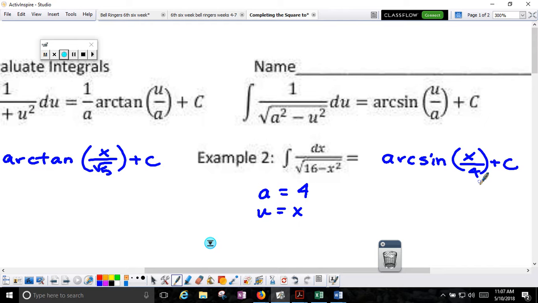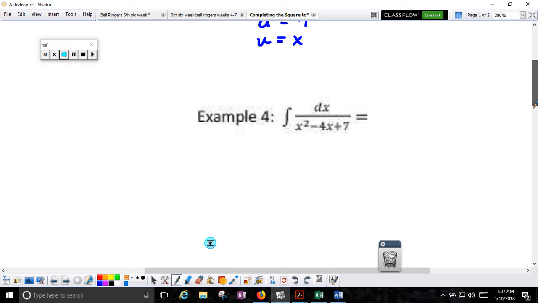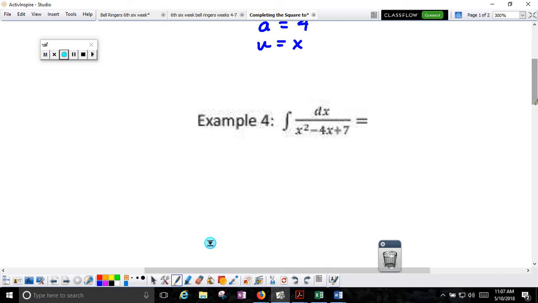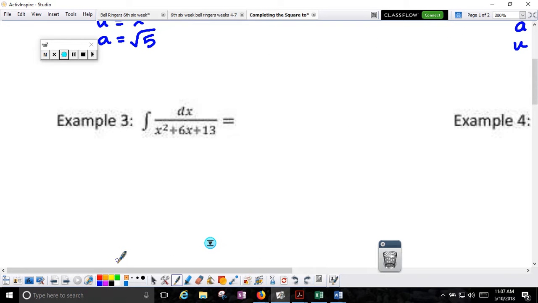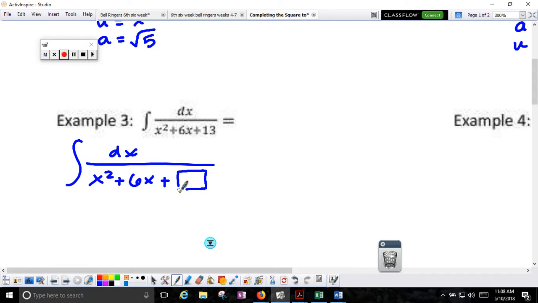Okay, let's go ahead and take a look at the next couple. So on these, we're going to actually have to complete the square in the denominator to get them to look like the formulas. So what I want to do first is, just like we did when you first completed the square in Algebra 2, I'm going to separate the constants and the variable.